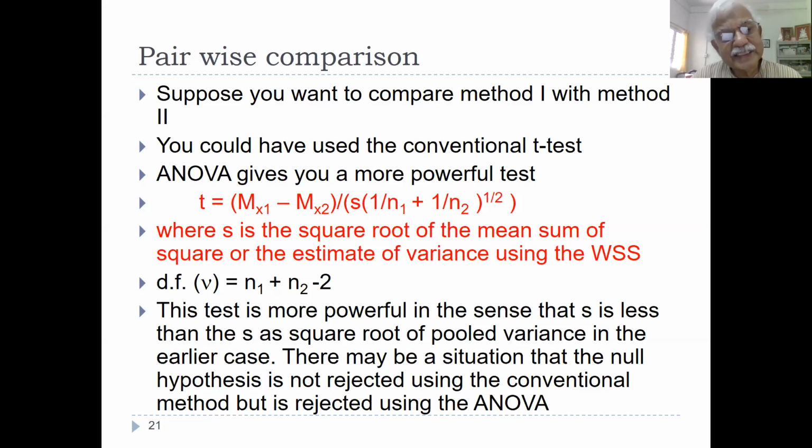In conventional t, your standard error would have been a square root of S1 square by N1 plus S2 square by N2.